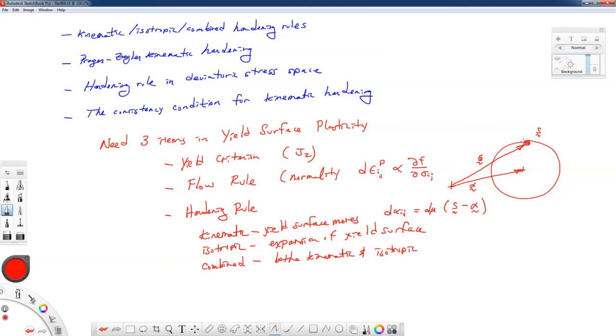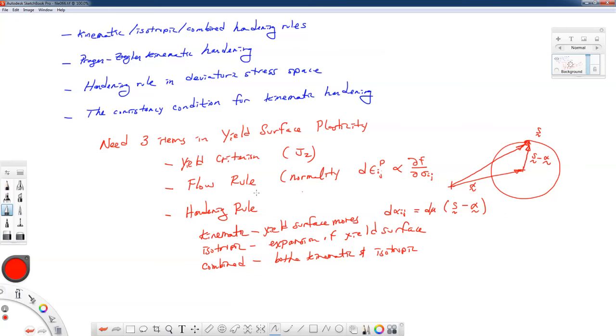You can write it there as well. It's a little messy. And the difference between those is S minus alpha. And so what we're saying is that the yield surface is going to move.